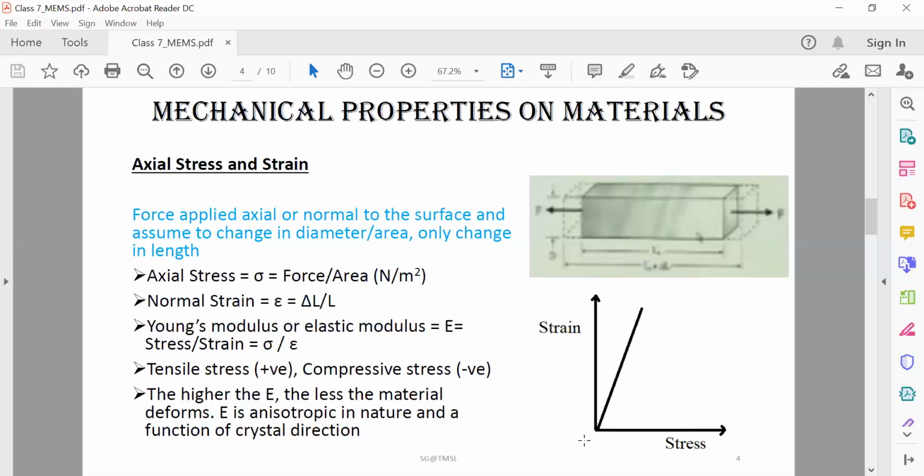So long as it is linear, if you reduce the stress, strain also reduces. So you expect there should not be any hysteresis. Okay, so in the stress strain curve, the linear region is used for making micro mechanical devices or sensors.